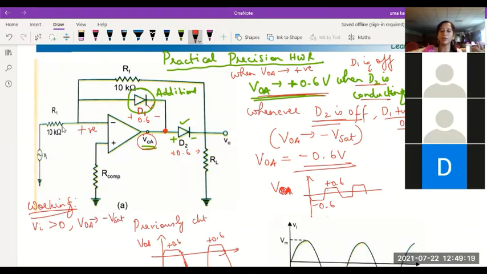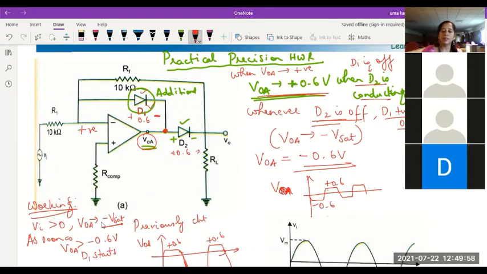Whenever I give a positive value at the inverting terminal, remember inverting configuration of op amp will invert the output. Positive at the input, I should get negative at the output. Negative means it will be moving towards minus Vsat. But as soon as VOA crosses minus 0.6 volts, so when the voltage here becomes greater than minus 0.6, diode D1 starts conducting now.